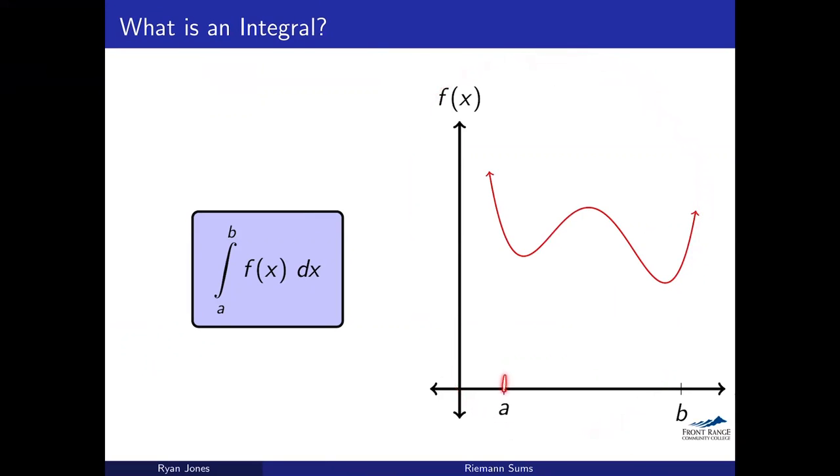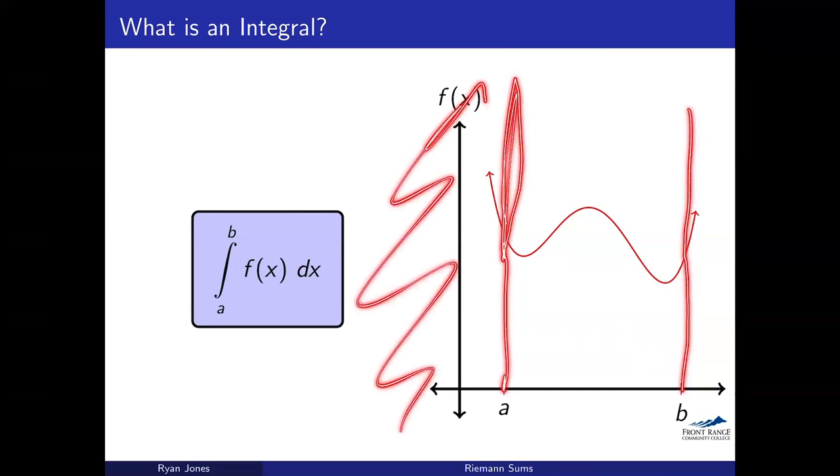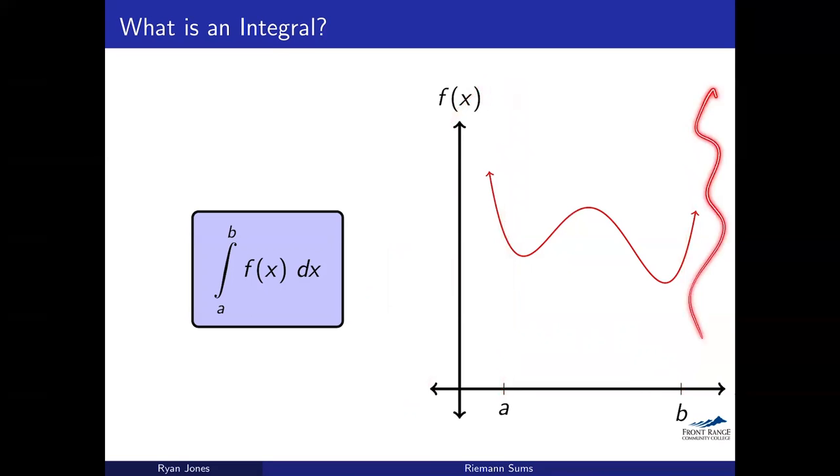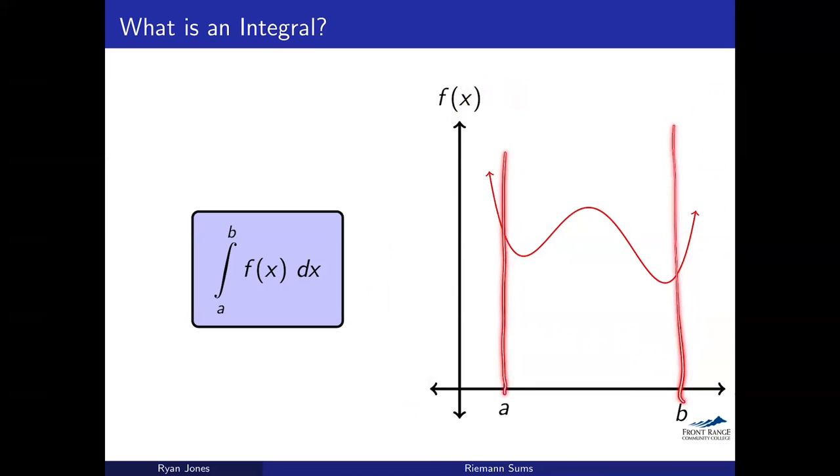And I'm mostly just going to focus between a and b. So I don't really care about anything out here. I don't care about the outsides at all. I'm just going to look in between a and b. And so if I have this integral here, what we can actually look at is a and b. And so I've got my tick marks right there for a and b.